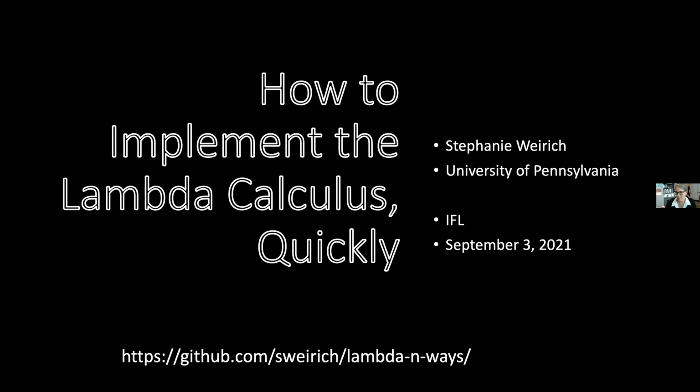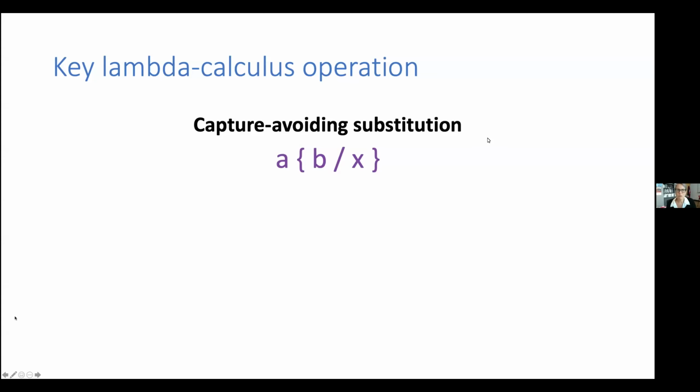When I say implementing the lambda calculus, what I really mean is implementing capture avoiding substitution. It's that thing we teach in the very first week of our classes, where we say you have to be careful when doing substitution in the lambda calculus. For example, say I'm replacing the variable z with y in the term z applied to lambda y dot z.